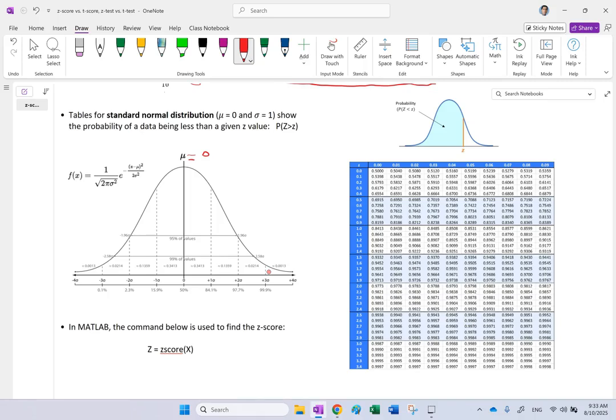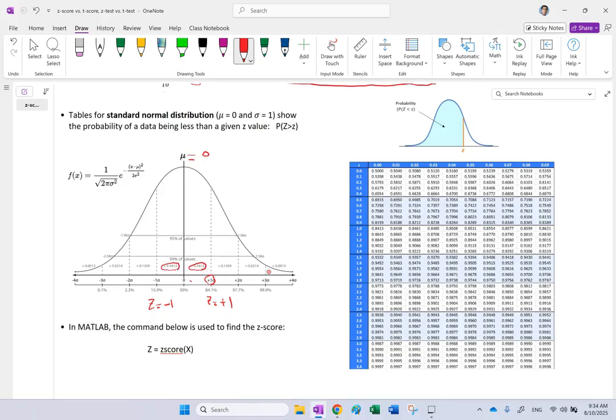But now if you move away 1 sigma, so your z-score is equal to positive 1 to the right of the average, or you move 1 sigma to the left of the average, z of negative 1, then the area under the curve is about 0.34, plus or minus.